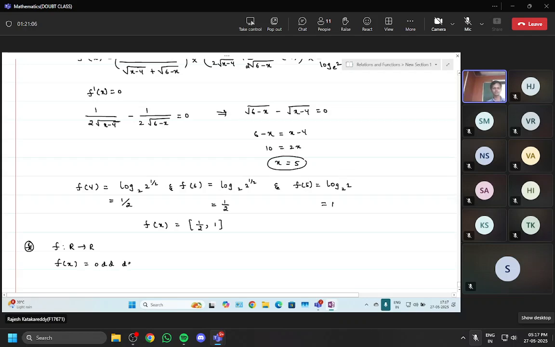I hope everybody knows what an odd degree polynomial is: cubic polynomial, degree 5 and so on. The range of this is always minus infinity to plus infinity, all real numbers.